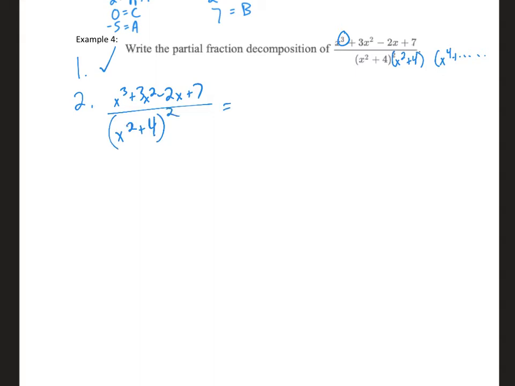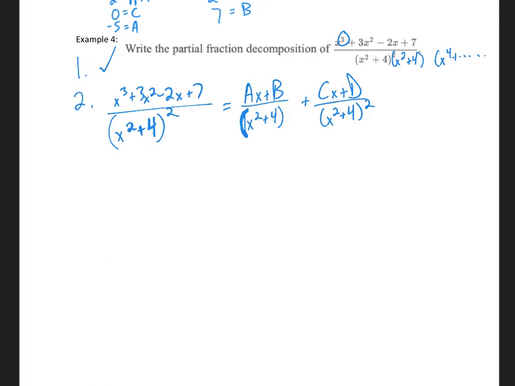Notice we've got quadratic terms in the denominator, so I've got to have linear terms in the numerator. So I need an ax plus b over an x squared plus 4 to the first power, plus a cx plus d over x squared plus 4 to the second power.